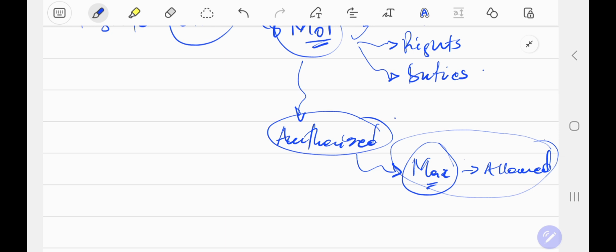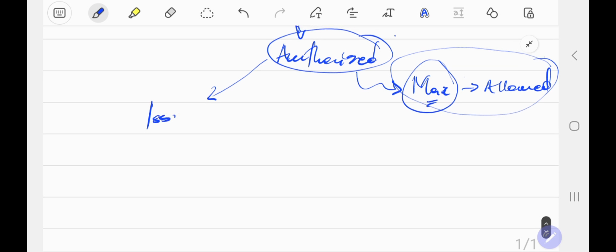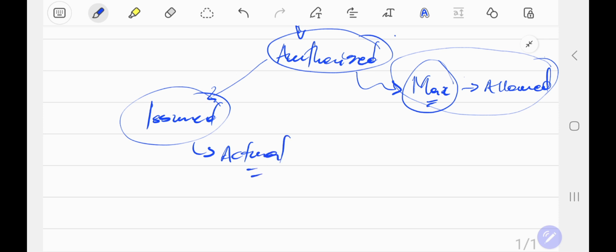When the company issues new shares, that's going to be the issued share capital. So it's very important for you to understand the difference between authorized share capital and issued share capital. This is the actual shares issued, and authorized share capital is the maximum number of shares that the company is allowed to issue.